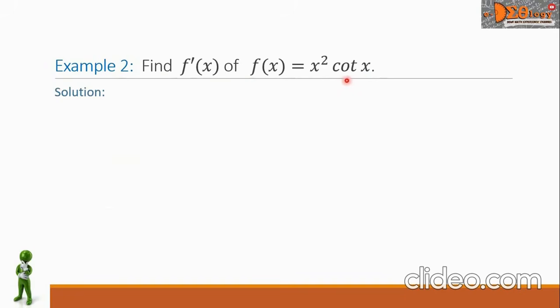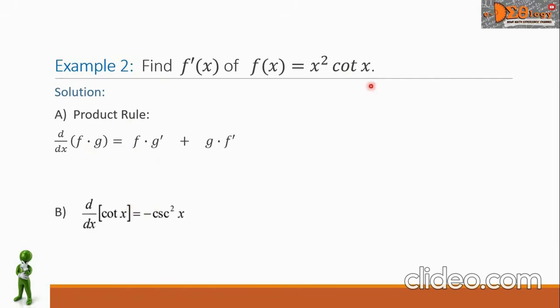The second function is cotangent x. So we are going to use two formulas here. The first is the product rule. So we write here d over dx of the product f times g. This is equal to f times g prime plus g times f prime.